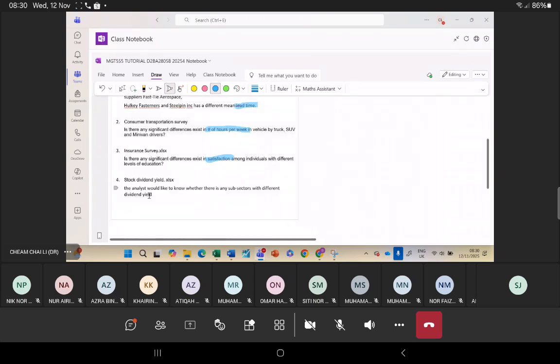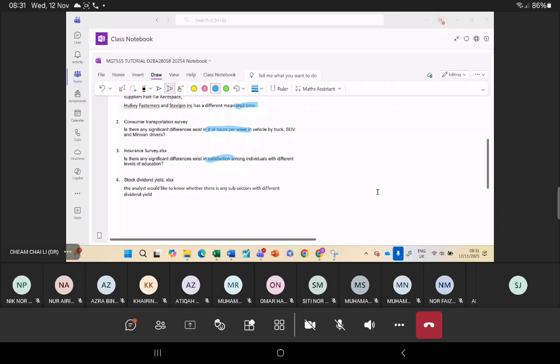So the analysts would like to know whether there are any subsectors with different dividend yield, right? So 3 subsectors, I can't remember, maybe satu adalah financial sector, insurance sector, and so on and so forth.